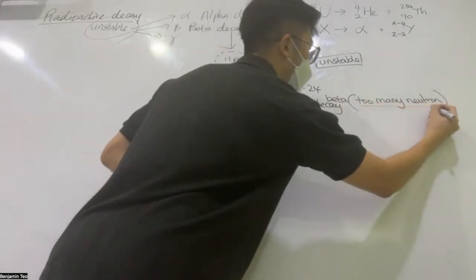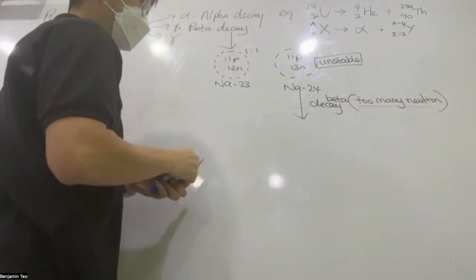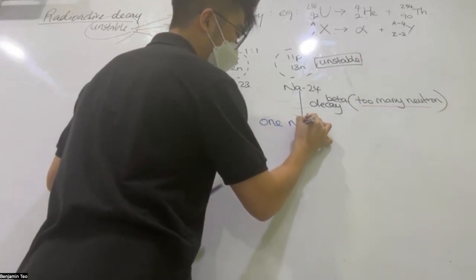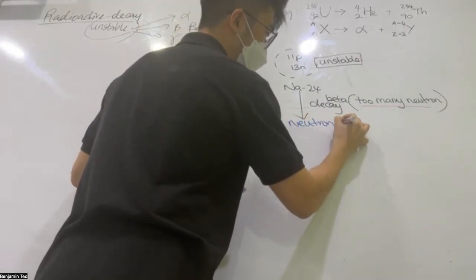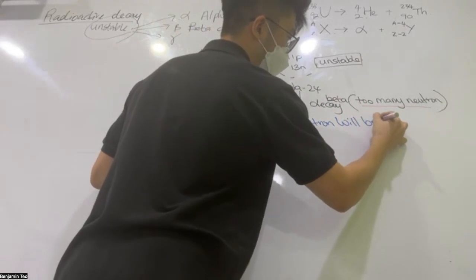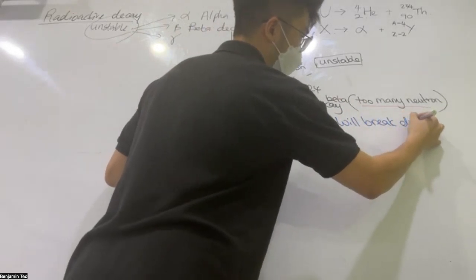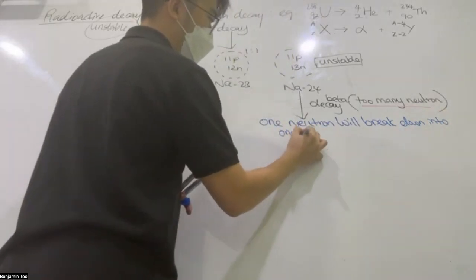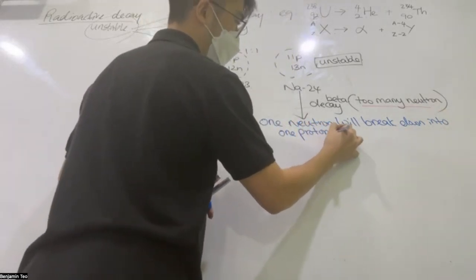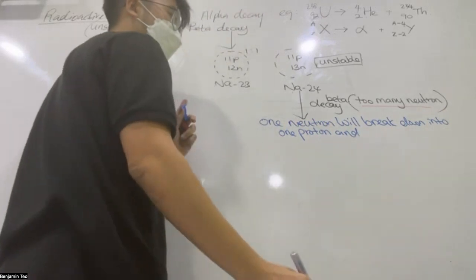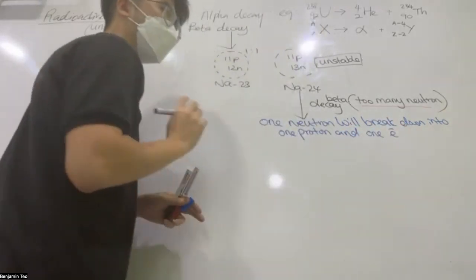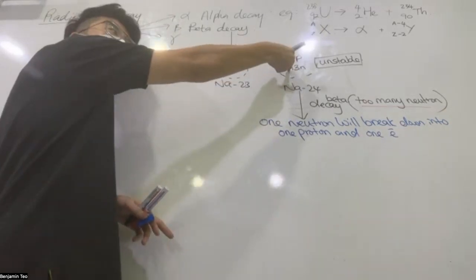If you have too many neutrons, then one neutron will break down into one proton and one electron. This you have to memorize. So basically, what happens inside the nucleus?